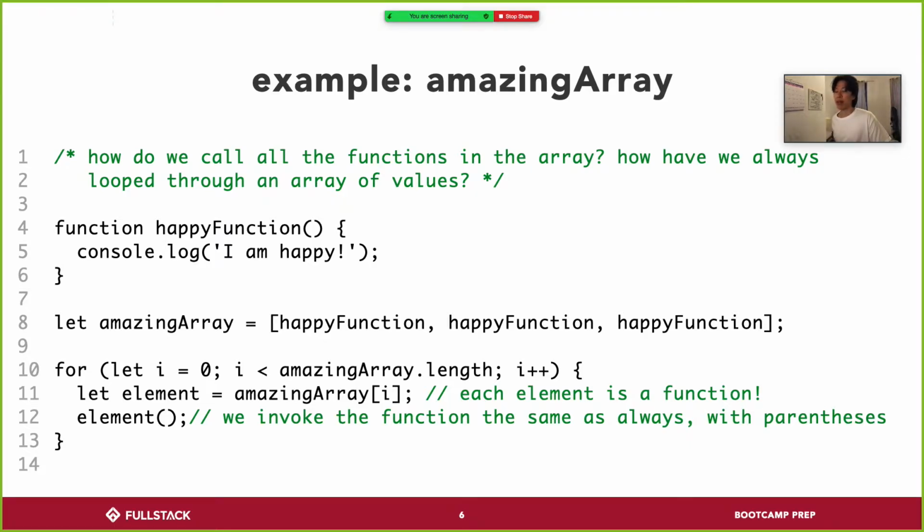It would just be I am happy, because element is happy function. It just has a different variable name, but element is now synonymous with happy function. They are both the same function, because we had been storing it in an array and now we're pulling it out, and we happen to give it another variable name, but its identity is the same as happy function. It's the same value.